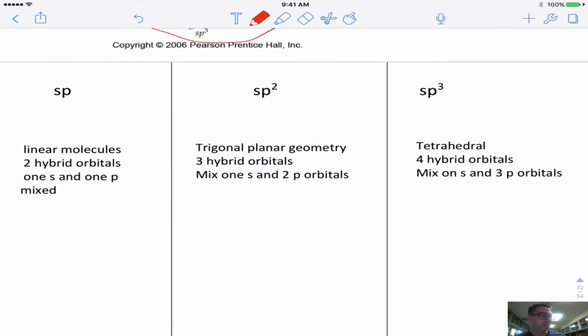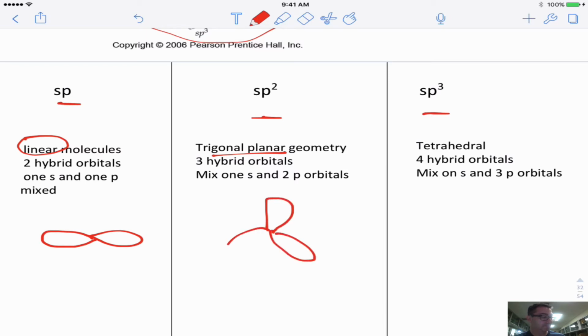What you need to know is that there is different hybridizations, and I have them down here. sp is when you're linear. That means that you've mixed together 2 different orbitals. And I show that here. If we had 1 orbital and 1 orbital, they would look like this. If you are trigonal planar in that geometry, then you will have 3 hybrid orbitals. That'll look like this.